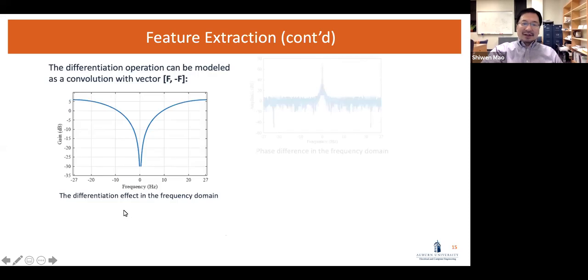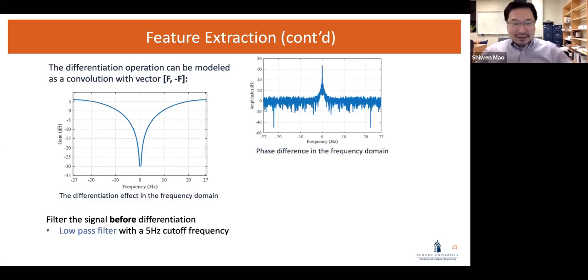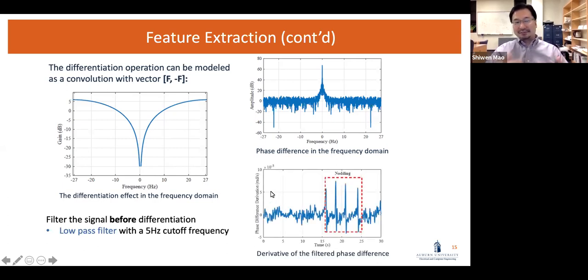Okay, so once we know the cause, the solution becomes simple. We just apply a low pass filter before we differentiate the phase difference signal, so we can suppress the high frequency noises. This helps us retain the low frequency information that we're trying to get from the RFID signal.